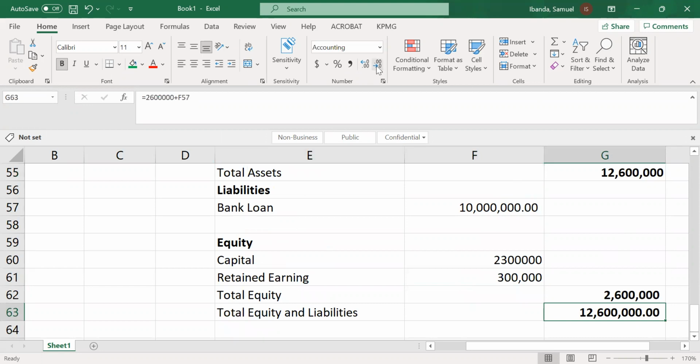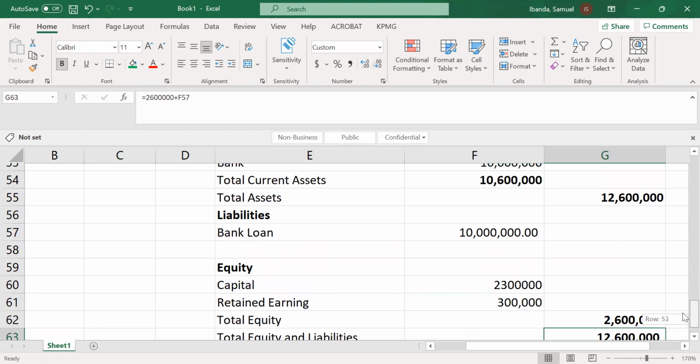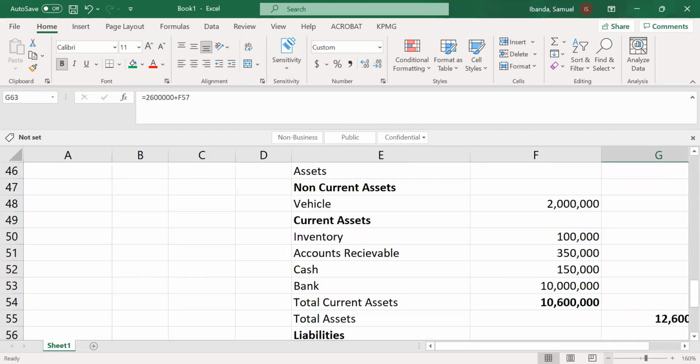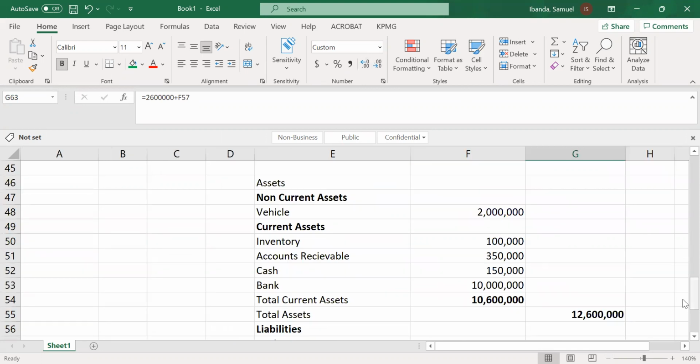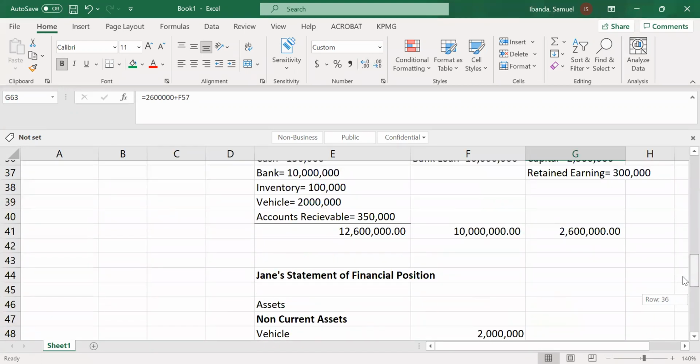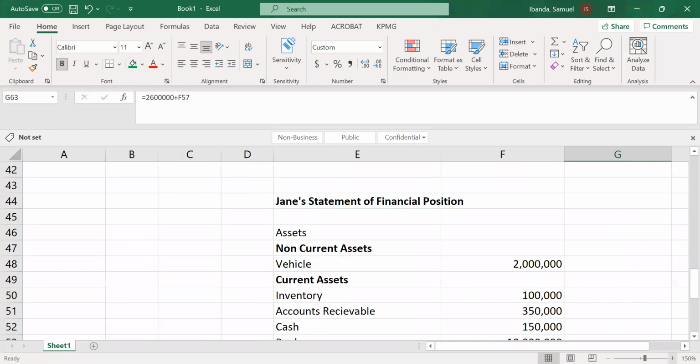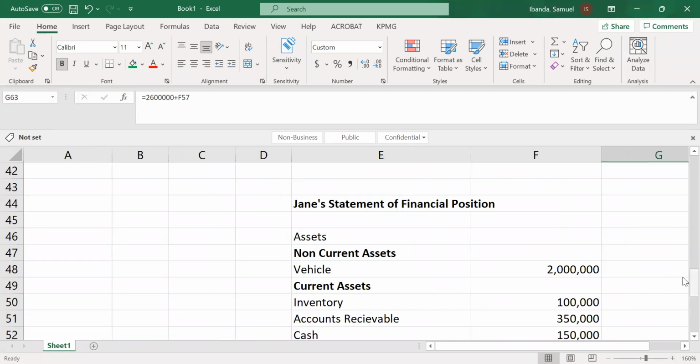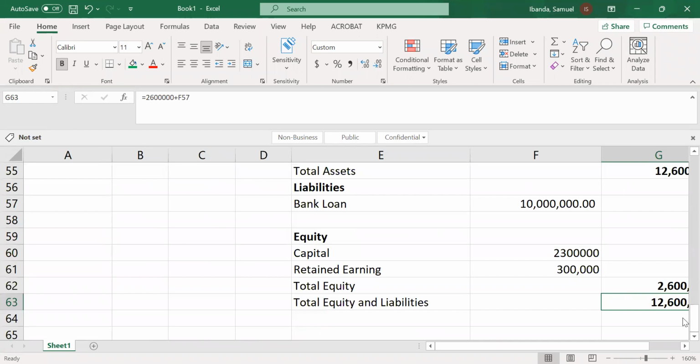So that is how we have our equity equation represented on our balance sheet. And that is one of the essences of the accounting equation. For small businesses, once they have an accounting equation, they can be able to formulate their balance sheet, as we can see here.